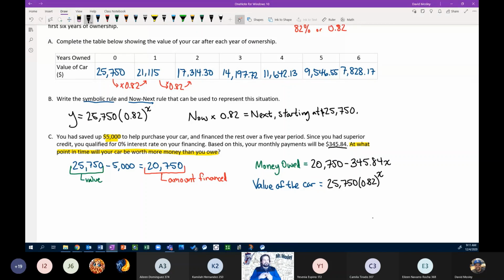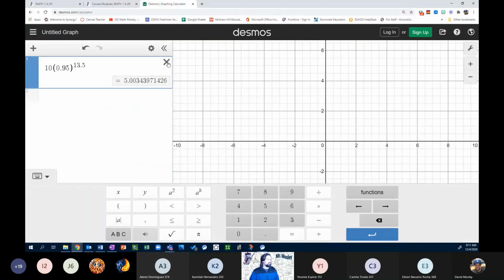So let's see what this looks like. What we're going to do is put both of these functions into test mode and see what happens. We have our linear function, 20,750 minus 345.84, I think it was.